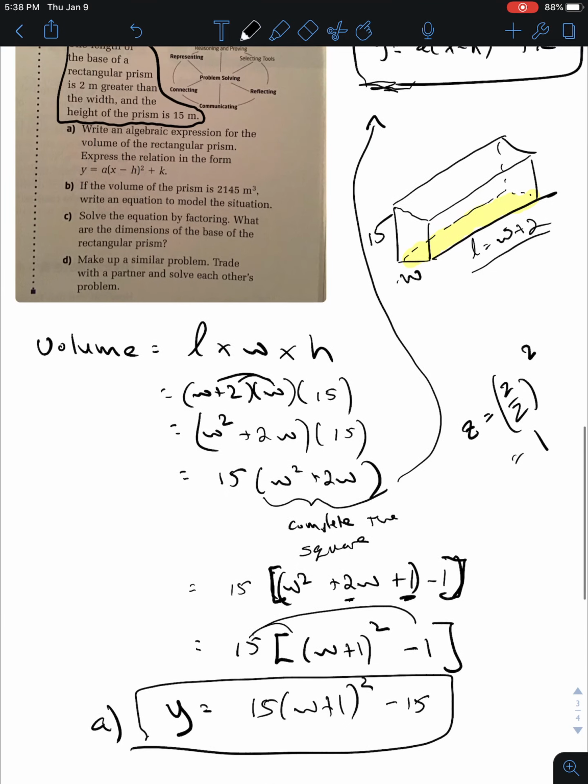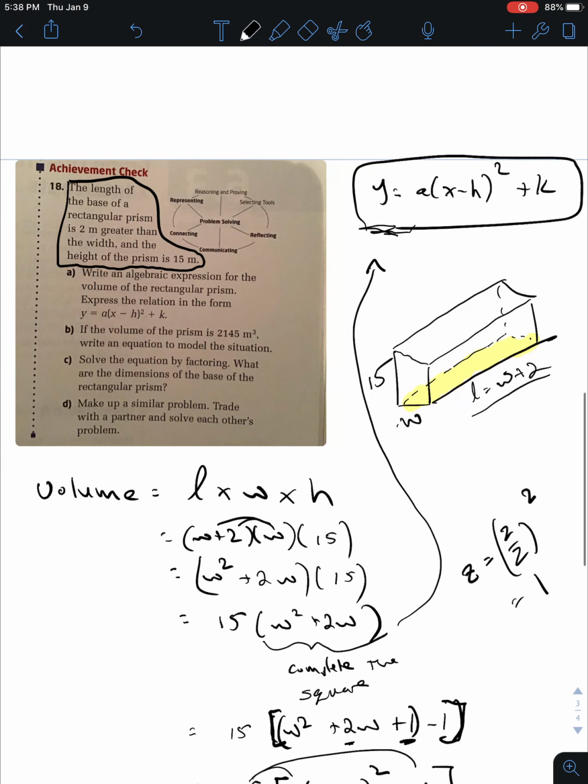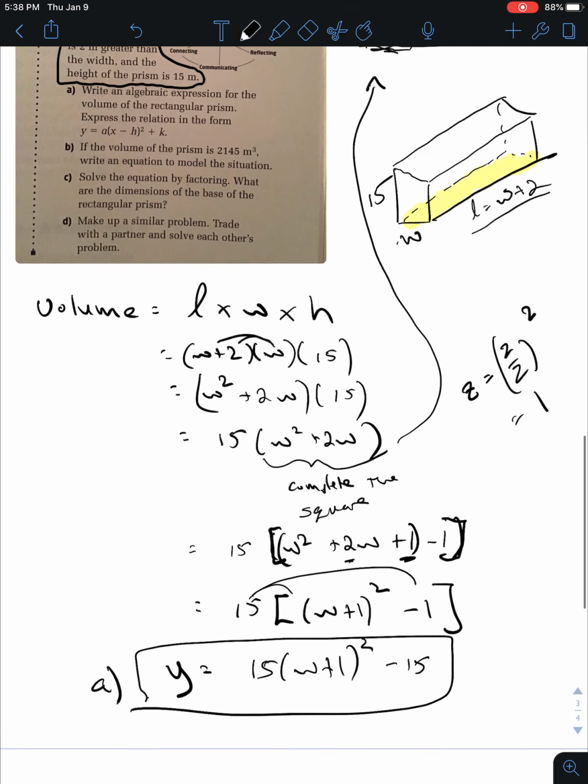So the next part of this question asks you if the volume is 2,145 meters cubed, write an equation to model the situation. Okay. So in this case, it's saying that the volume's going to be y. So when I multiply these three things together, I'm going to get an answer that's going to represent the volume, right? So the volume's on the y-axis, right?